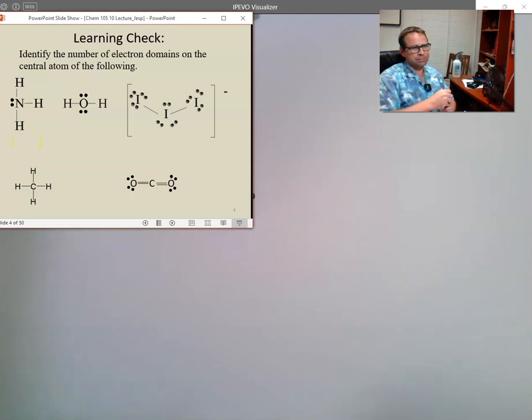It is 109.5 degrees. Very good. Even though the way it's drawn, it might look like 90 degrees, it's not the drawing that we're taking the information from, it's the regions of electron density, right? The number of regions of electron density tells us that angle there. Okay, very good.